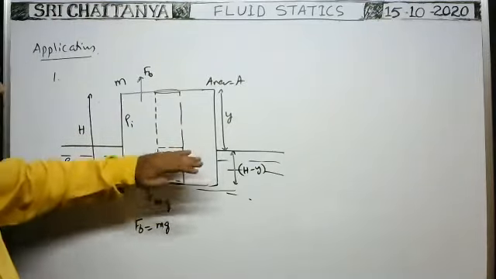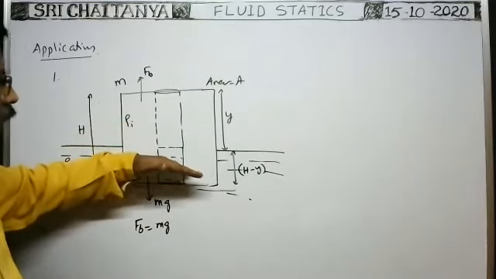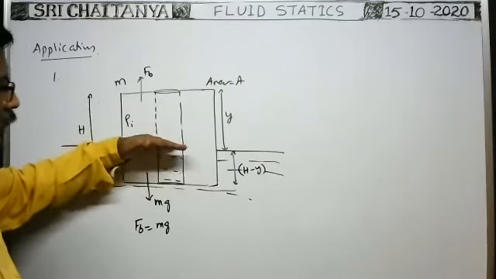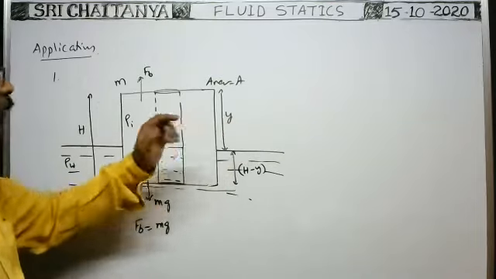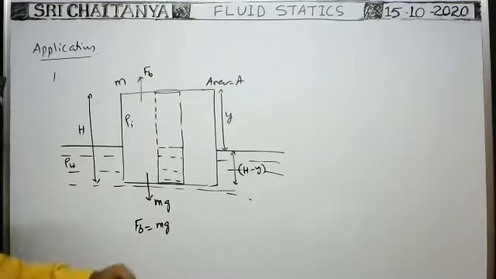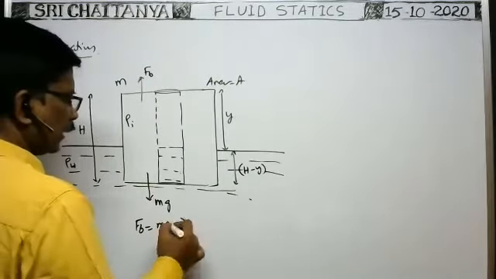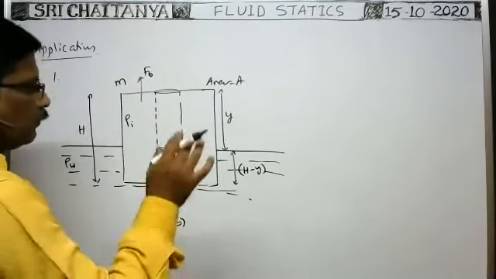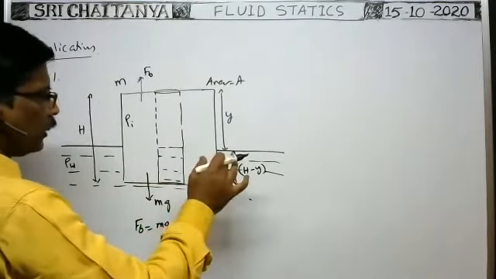Because this ice block is submerged in the water, an equivalent volume of water is displaced, due to which a buoyant force acts on it in the upward direction. As it is floating, Fb is equal to mg. What is the buoyant force? Buoyant force means the weight of the water displaced.